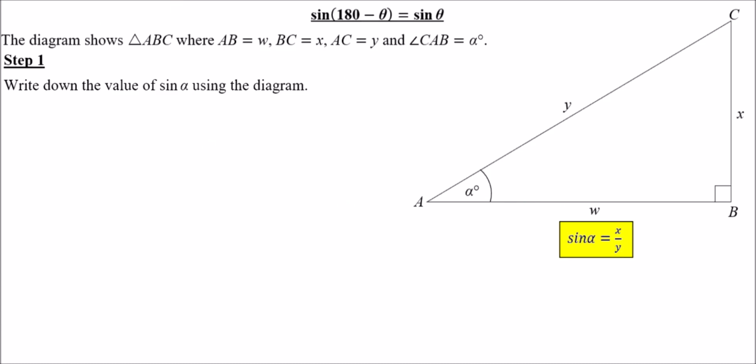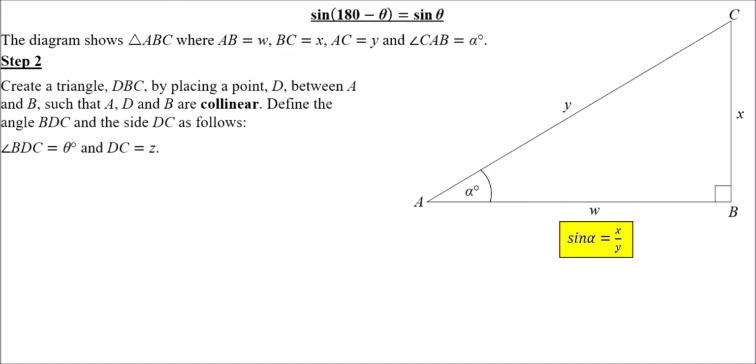Next, we come on to step 2. Create a triangle DBC by placing a point D between A and B, such that A, D and B are collinear. So A, D and B lie on the same straight line.